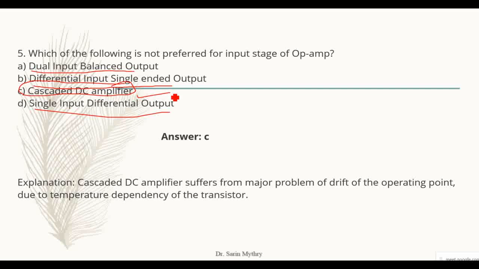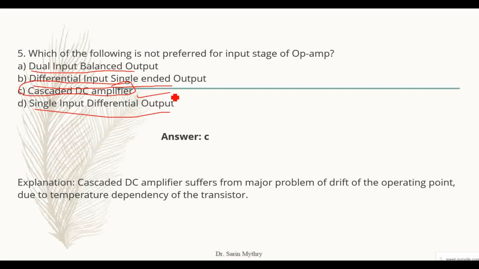Because the DC amplifier or the cascaded DC amplifier will suffer from a major problem of drift of the operating point. It will have a drifting problem at the operating point due to the temperature dependency of the transistors. The transistors, we all know, depend upon temperature, and the effect of temperature will always degrade the performance of any kind of circuit, be it an amplifier or any other circuit.